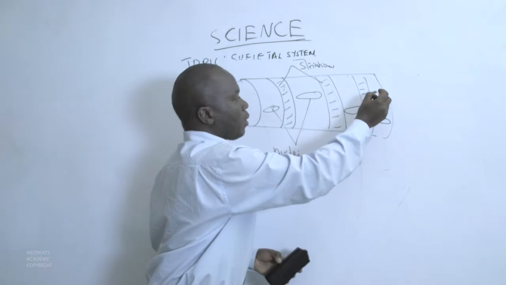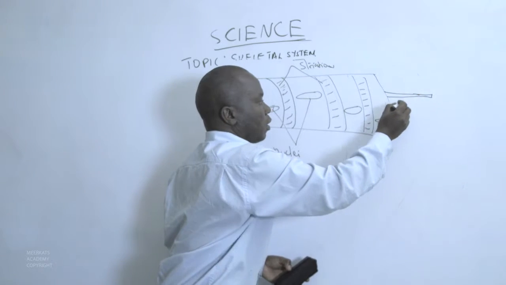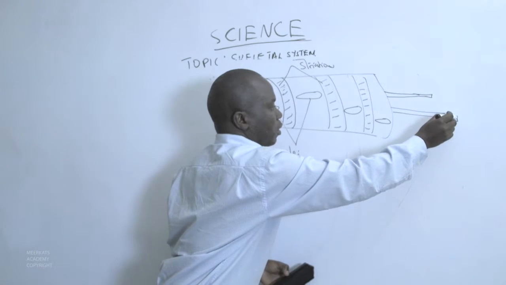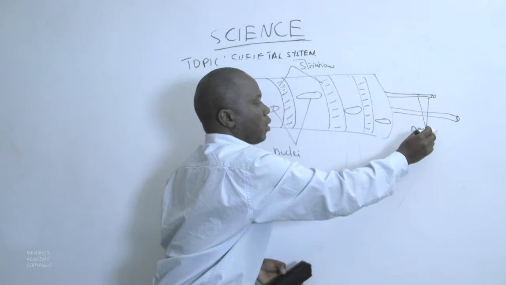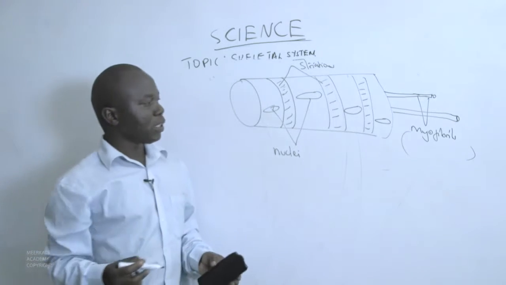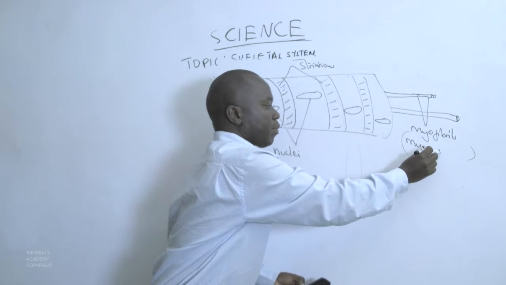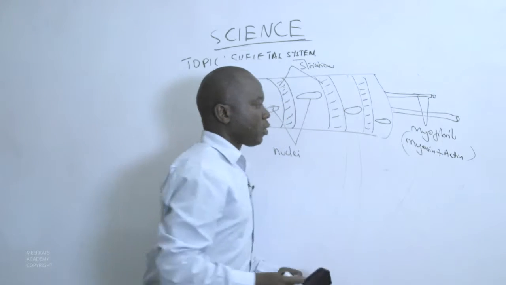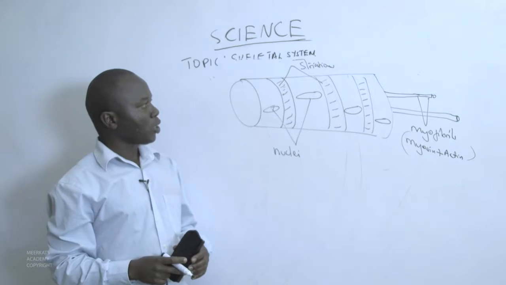Each of these cells is made up of several fibers called myofibrils. It is these myofibrils that contain the protein substances, myosin and actin. So it is these myofibrils that bring about contraction and relaxation.